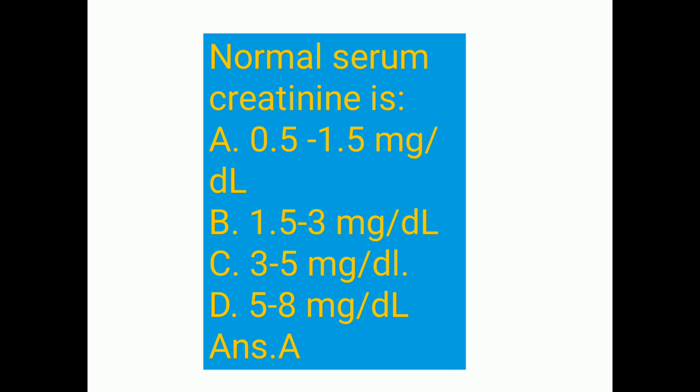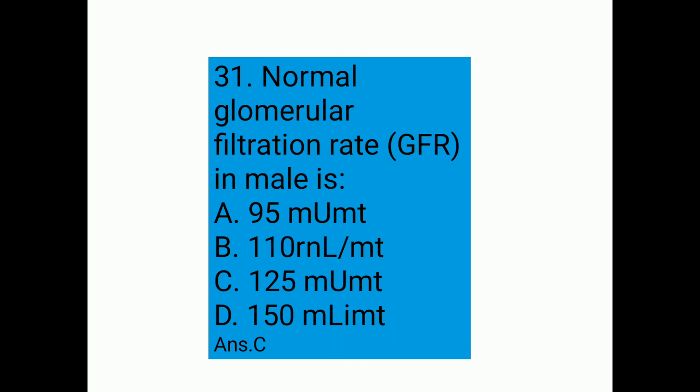Next question. Normal serum creatinine is? The options are: 0.5 to 1.5, 1.5 to 3, 3 to 5, 5 to 8. The correct answer is option A, 0.5 to 1.5. Next question. Normal glomerular filtration rate in male is? Options are: 95, 110, 125, 150.